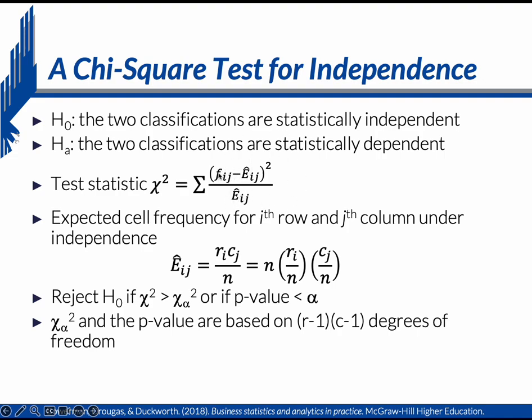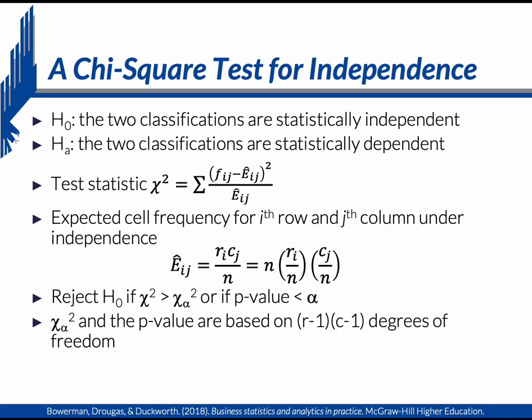This is the observed frequency for the intersection, and this is the expected frequency for that intersection. Get the difference, square it, and divide that by the same expected frequency for that particular intersection. Again, we do this for all the intersections and get the sum, and that is your test statistic.